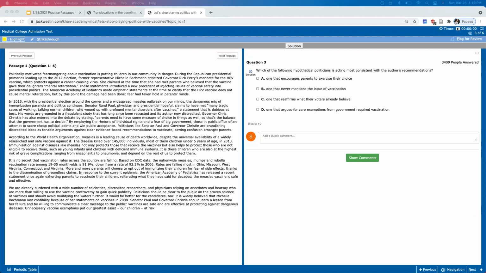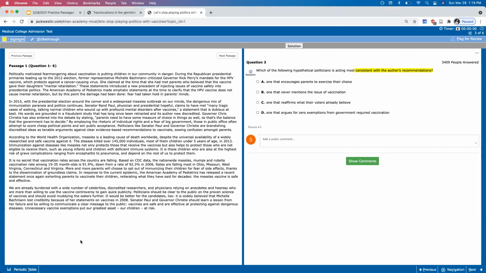Yeah, this is very interesting. So which of the politicians is acting most consistent with the author's recommendations? So going here, the author talks about what politicians should do. Politicians should be clear to the public on the proven science and should avoid muddying the waters further.